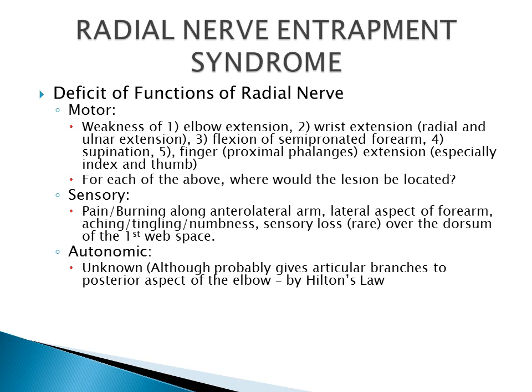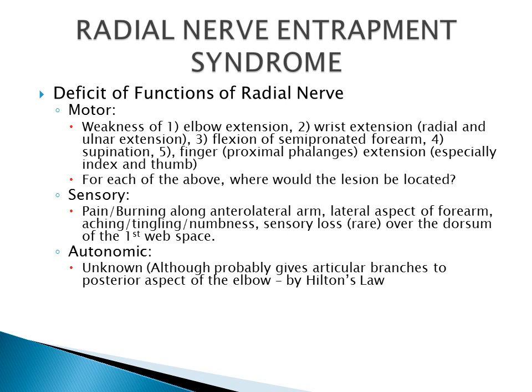And that is, Hilton's law states that the bones and joints are probably served through autonomic branches of the same nerve that innervates muscles that move the joint or bone.